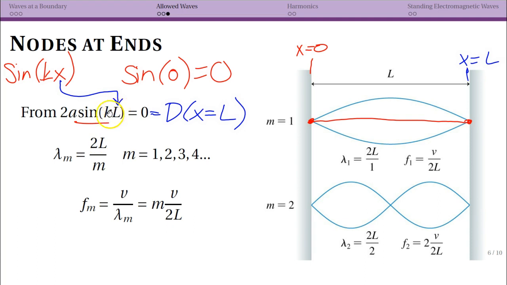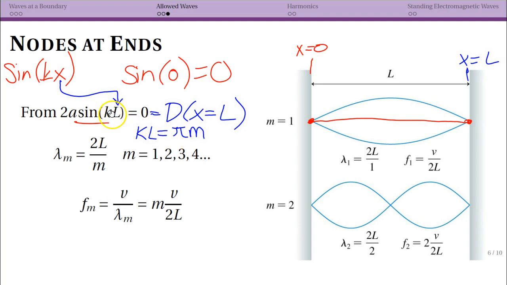So we know then that for this to be true, we have to have kL equaling pi multiplied by some integer, right?